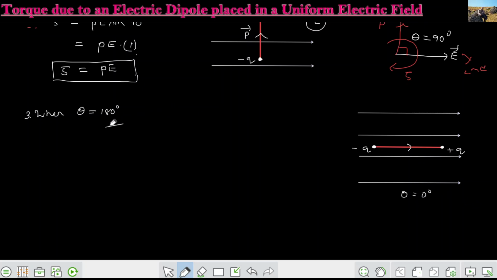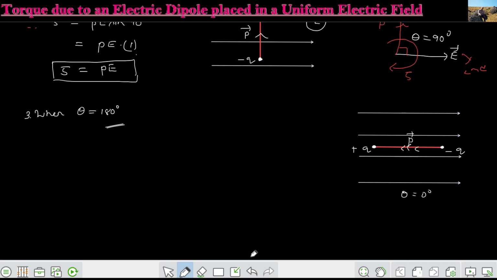But if you want to get 180 degree, you have to redraw it. Over here this will be a minus charge, and over here a plus charge. The direction of the dipole moment will be from negative charge to positive charge. So this is the direction of your P vector.